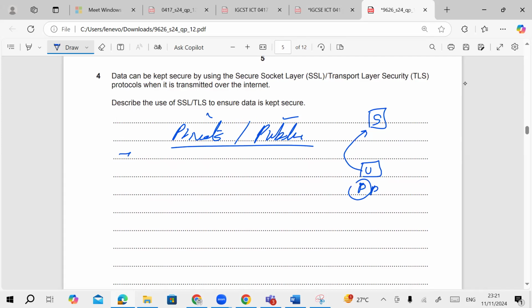And your private key remains with you. No one else can get it. Once you get the information, only you can actually get the information because you have the private key and the public key. You have to explain this entire process over here. Okay, so you have to talk about over here as well that a certificate is made. Now, a certificate is actually made by the private key. So a private key is used to make a certificate.